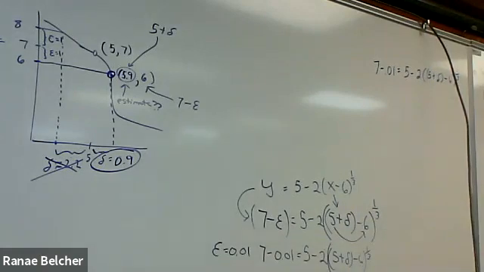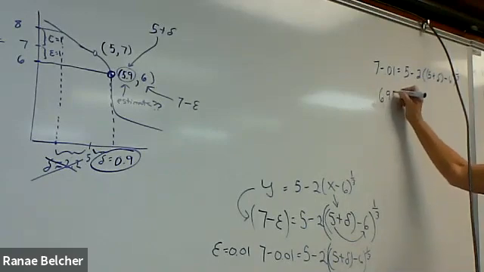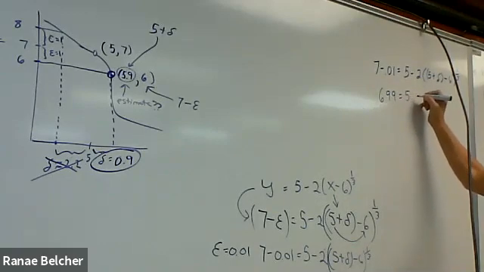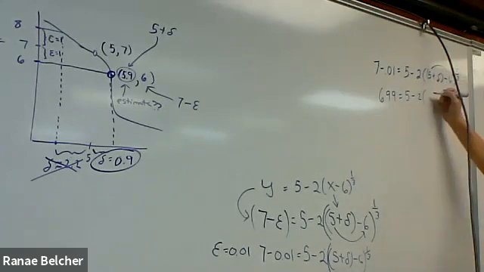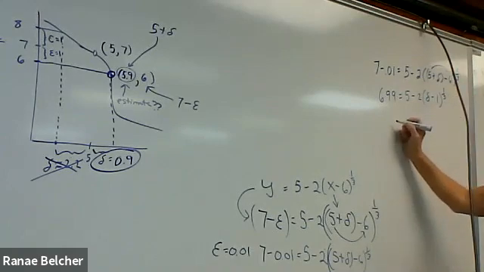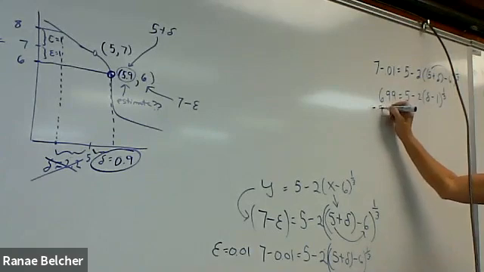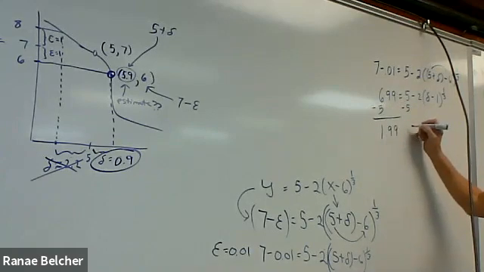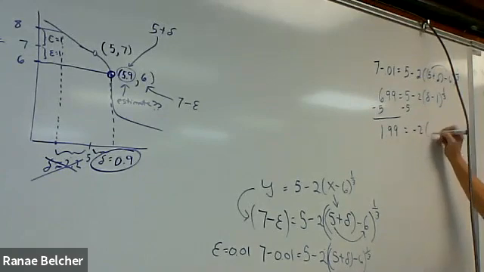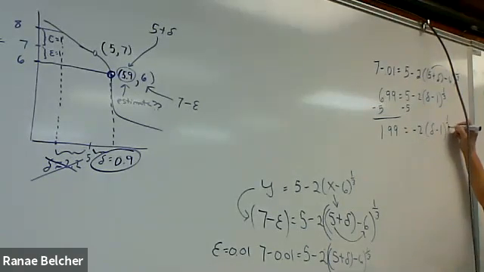And I'm going to double check that. So this becomes 6.99. And this becomes delta minus 1. Then I can subtract 5, and I get 1.99 equals -2 delta minus 1 1/3.